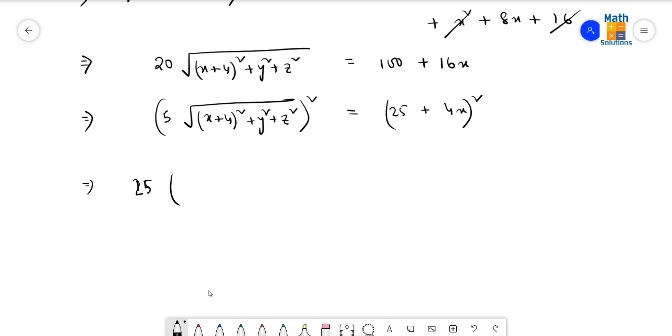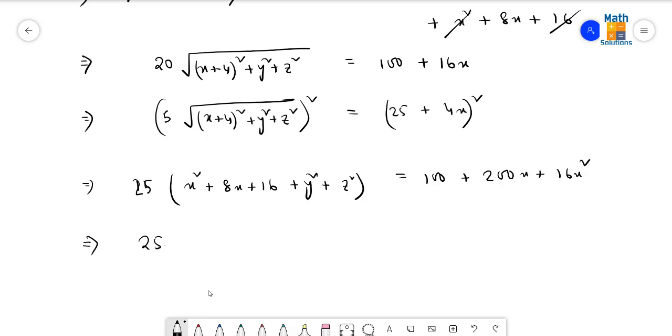Then what result we shall be getting? 25 within bracket x square plus 8x plus 16 plus y square plus z square equals to 100 plus 200x plus 16x square. Now let's break it. 25x square plus it will be 200x plus 400 plus 25y square plus 25z square is equal to 100 plus 200.